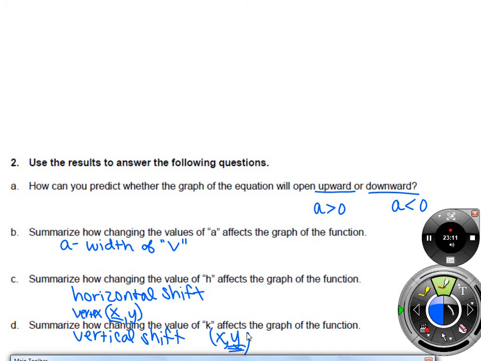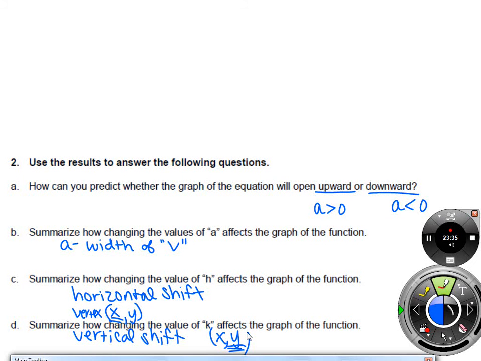So knowing these things about absolute value equations and graphs basically allows us to take an equation, dissect it and look at those parts, and quickly be able to draw the graph of any absolute value function or write the equation of any absolute value function. Okay? Just tell me when you're good.